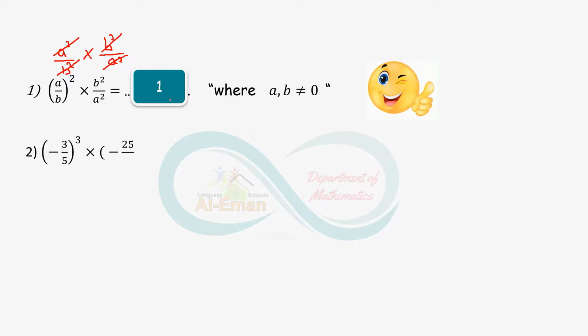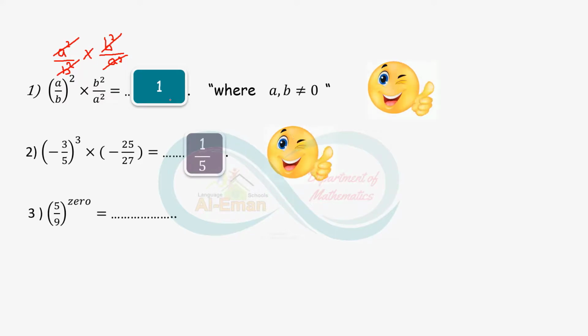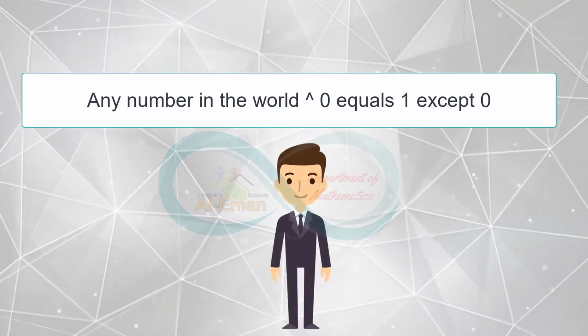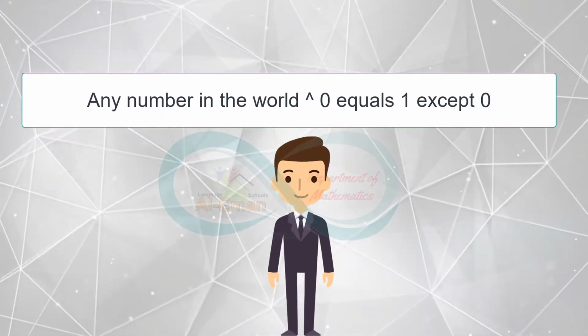Next question: -3 over 5 all to the power 3 multiplied by -25 over 27 equals... excellent, 1 over 5. 5 over 9 all to the power 0 equals 1. Any number in the world to the power 0 equals 1.